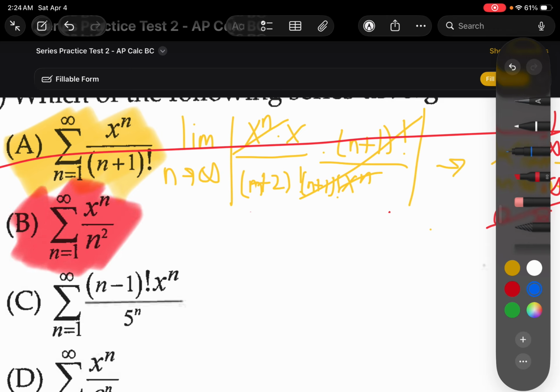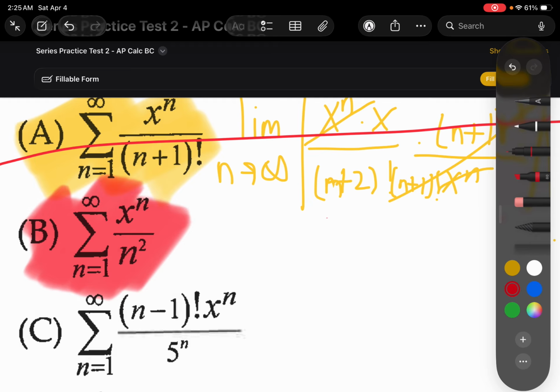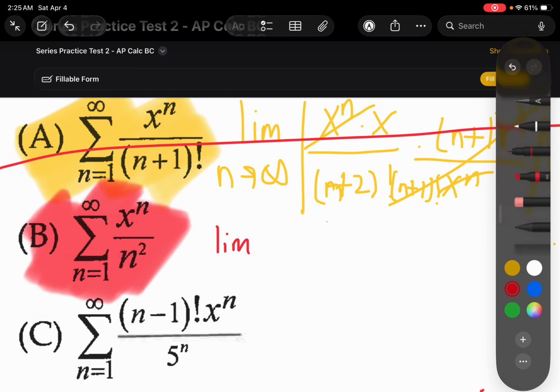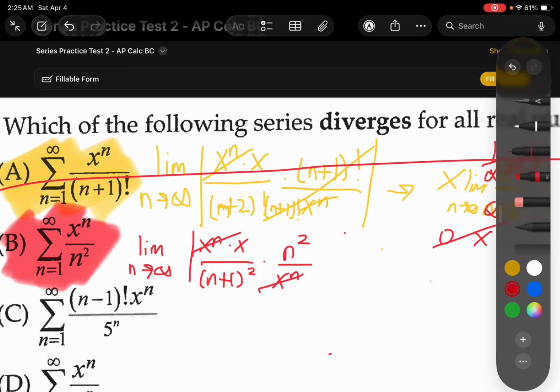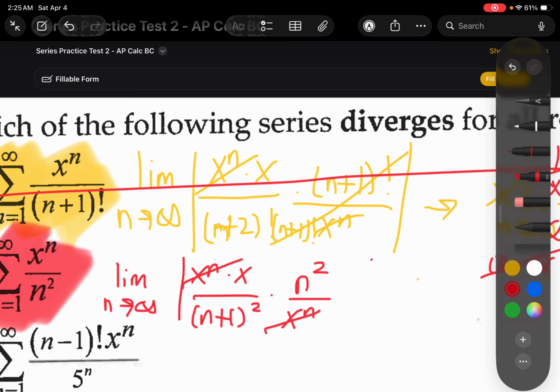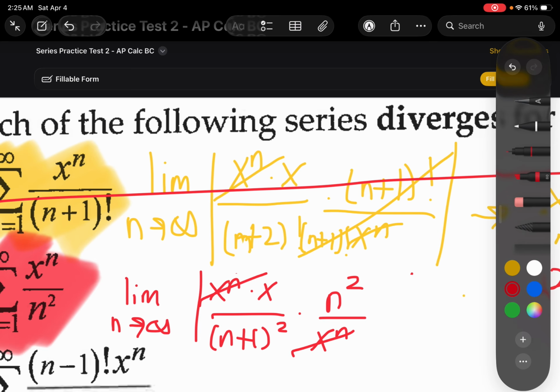Boom, boom, boom. And then we're going to apply the ratio test. Alright, I'm not going to do the entire math here since you guys should be doing this mentally, and this is pretty simple.